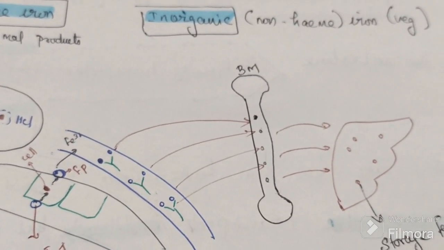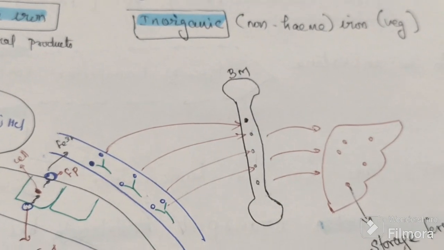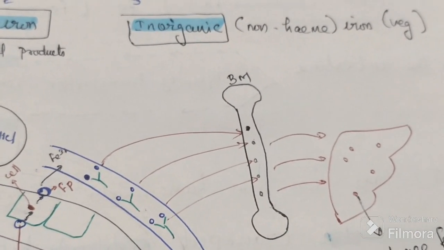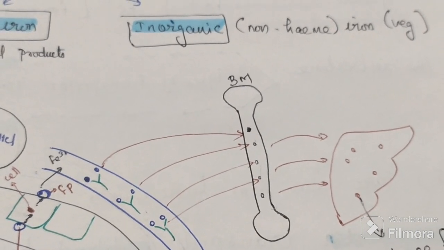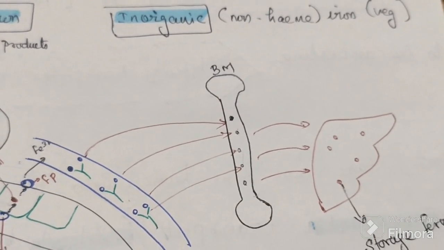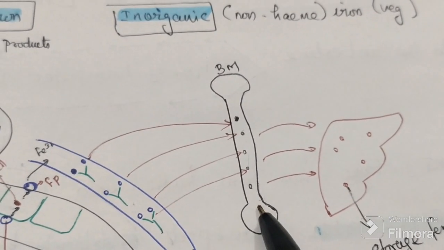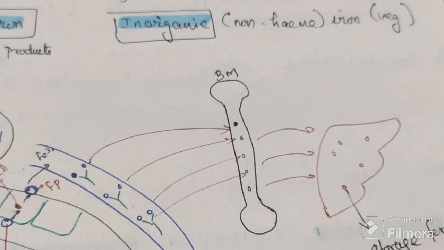Now iron is required in the bone marrow. So it will be carried to the bone marrow via transferrin.